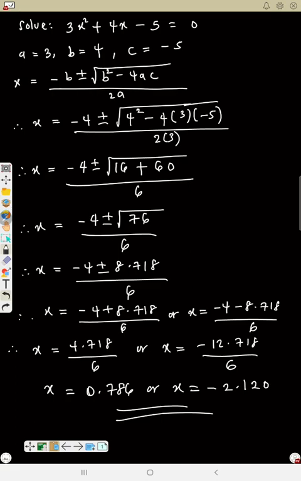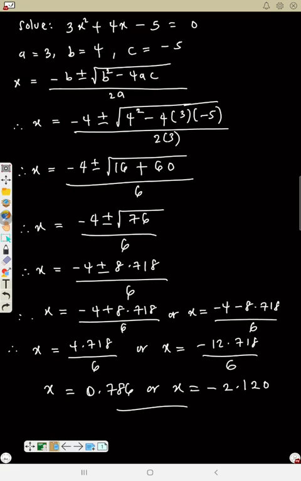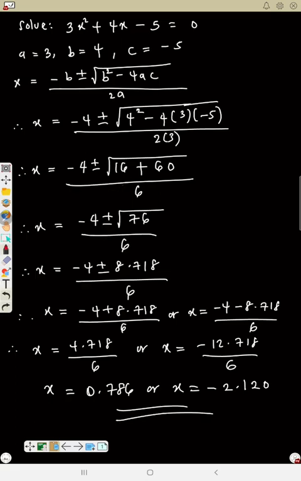Now this is the formula method of solving a quadratic equation. You only need to know a, to know b, and to know c from your question. Then you put it in this formula. So if you substitute, then everything is there. So our a is 3, that's it. b is 4, that's it. c is the third one, that is minus 5.